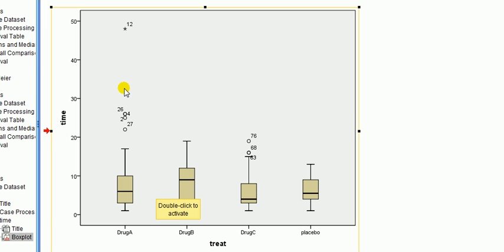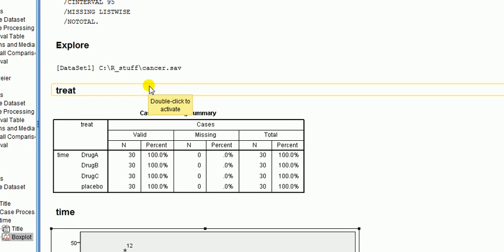And here you'd call these probably outliers. That's because some of these guys, time to death, they're lucky. They lived a lot longer than the rest of the people in their group. So this 12 here is way out towards 50.